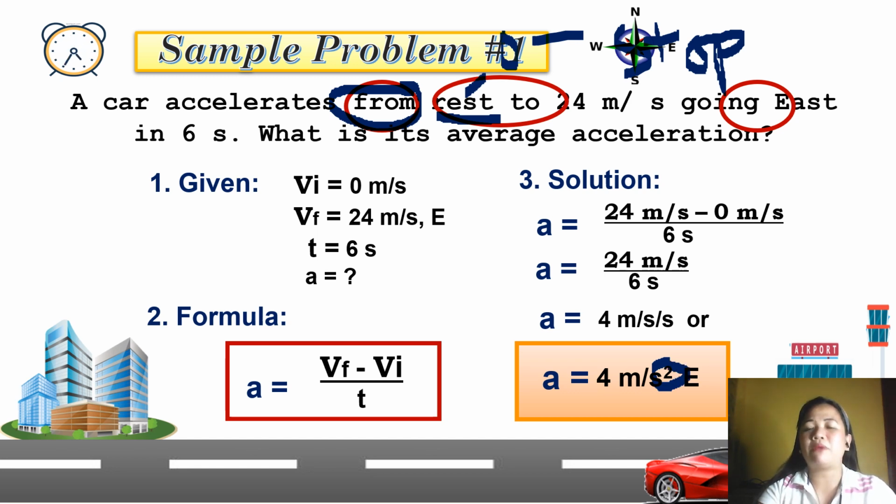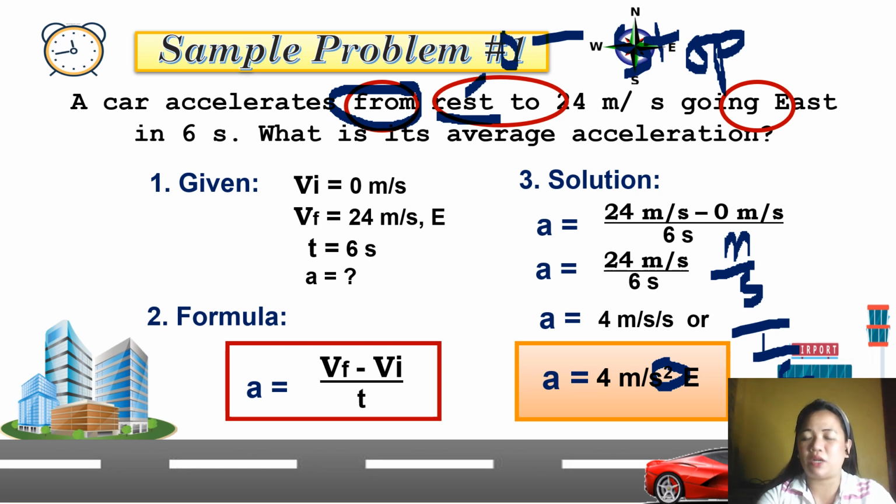Okay? So, remember, it's 24 meter per second. If you're going to write the units, 24 meter per second, it looks like this: meter per second. So, that will be the velocity. The 6 seconds, that means 1 over second. We said you can cancel only if the denominator and numerator are the same.